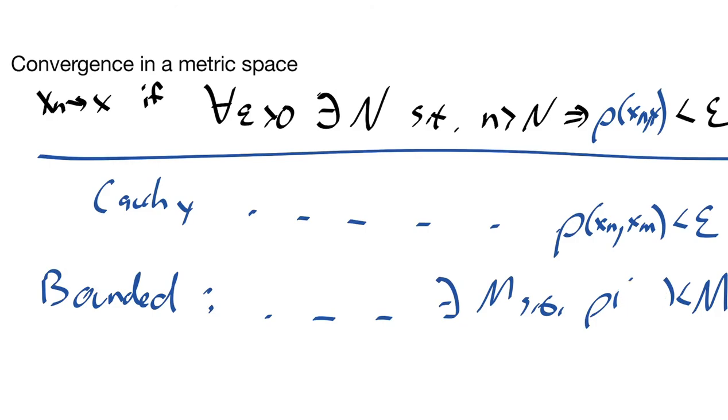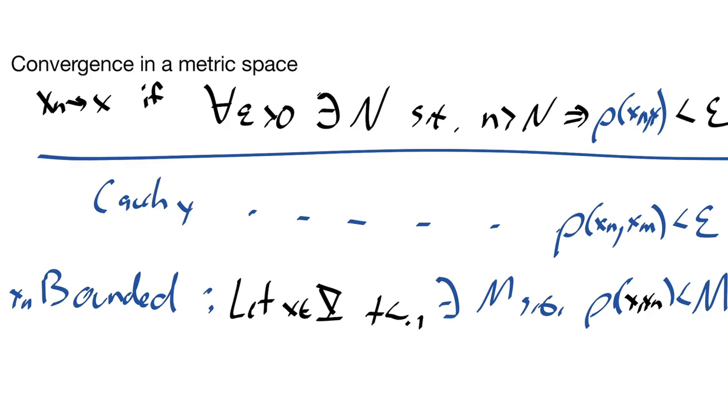This one might be a little bit more complicated. Maybe we need to let x be some element in our set X, and then there exists an M such that rho of x and xn is less than M, because you can only do distance in relation to some other point. So you just pick some point to show what it's related to.